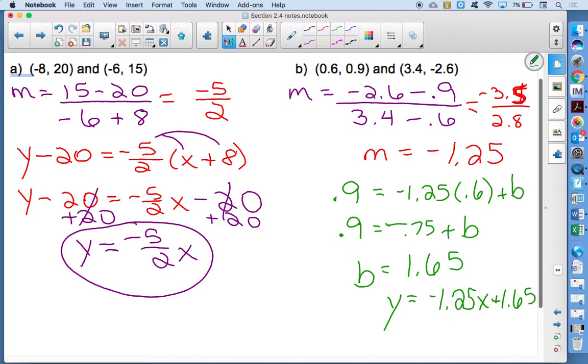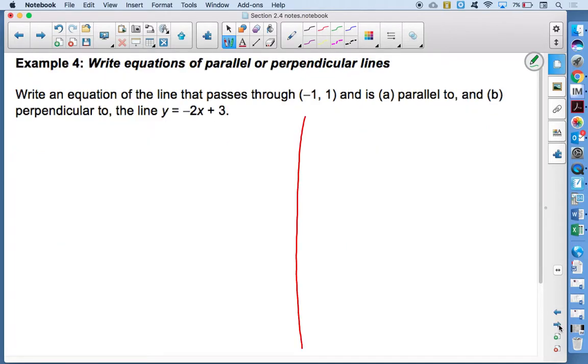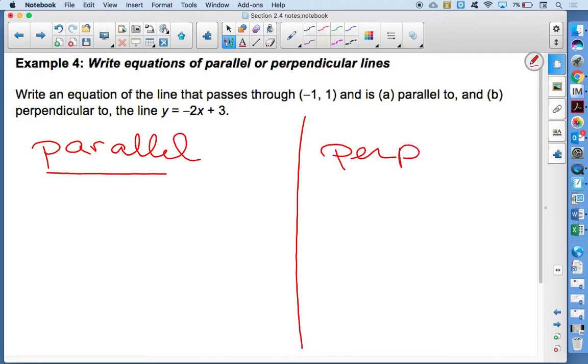So the last set, I do want to at least start with you because you do have homework problems like this. It's still using the formula for the equation of a line, but you need to remember how to find a parallel slope, and you need to remember how to get a perpendicular slope. So we'll at least start them.